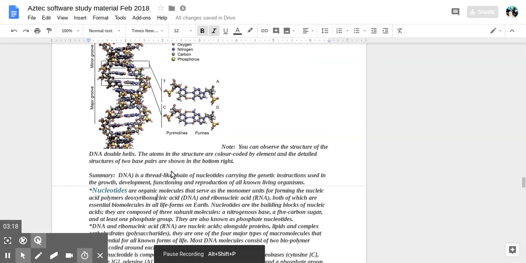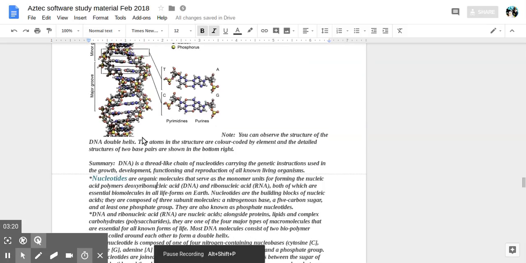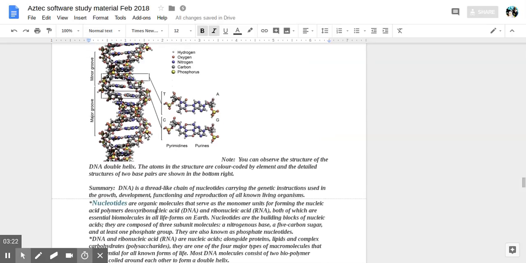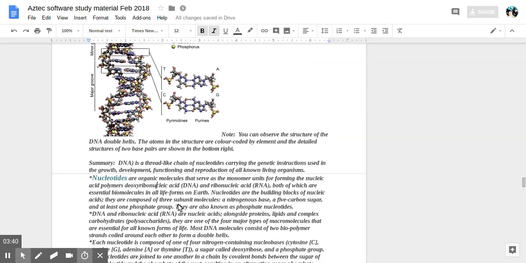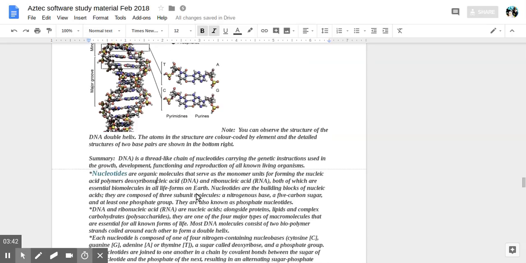Okay, so we're just redescribing the molecule. The sugar, the phosphate group, and the nitrogenous base are called nucleotides. Then RNA and DNA, they're both called nucleic acids.